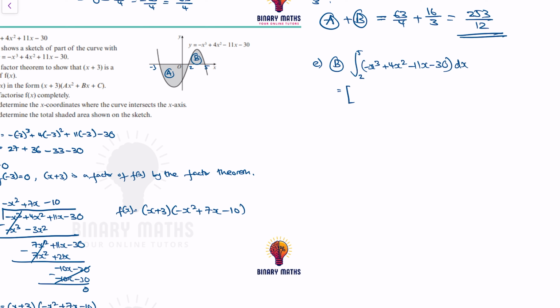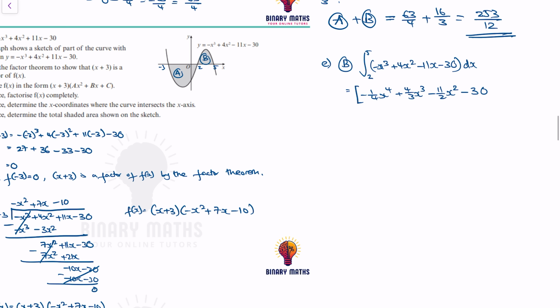As soon as I integrate it, I get minus a quarter x to the power of 4 plus 4 over 3x to the power of 3 minus 11 over 2x squared, take away 30. Oh, this is a mistake here. It should have been a plus 11x. So plus 11 over 2. So be careful with your signs.